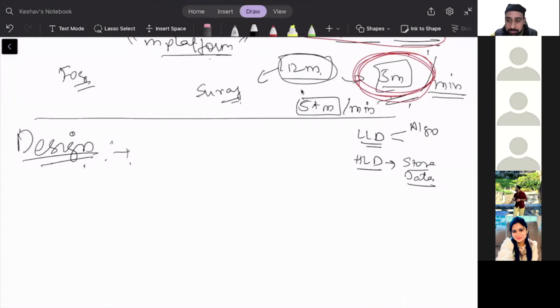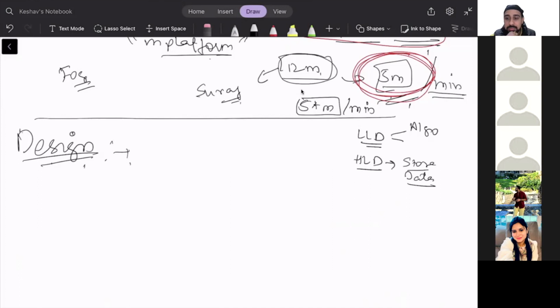I would say we start off with HLD and then move into LLD with specific algorithms. Yeah, my bad, I wrote it in a different manner. Of course, we'll start with HLD. But what I'm saying is, does everyone agree that we need HLD because we need to store data, and LLD because there is an algo?